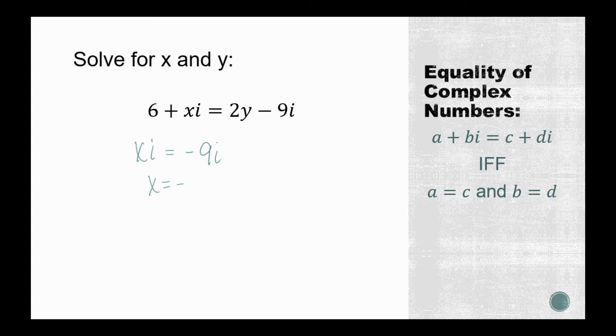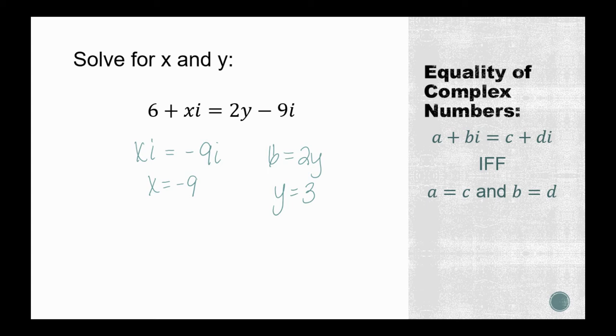If xi is equal to negative 9i, what is x? Negative 9. Which means that 2y is going to be equal to what? What's the real part? 6, yeah. Meaning y is 3. So first of all, we can use complex numbers to help us solve things.